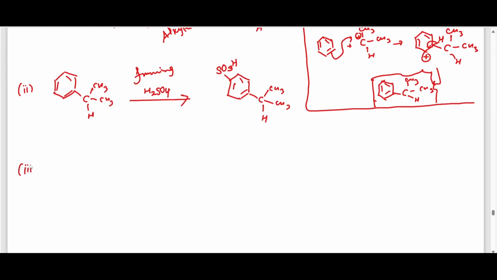Now come to the third step. This was second step, sulfonation. In the third step, Friedel-Crafts alkylation will take place again to attach methyl group at this position.